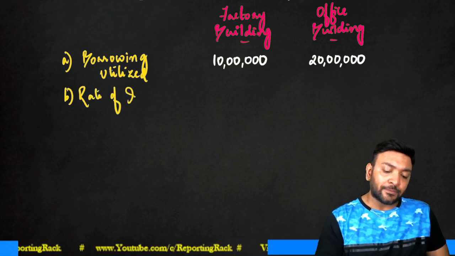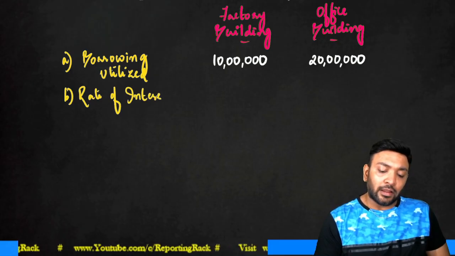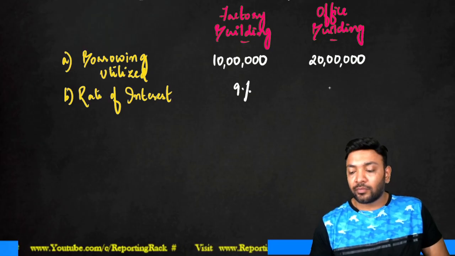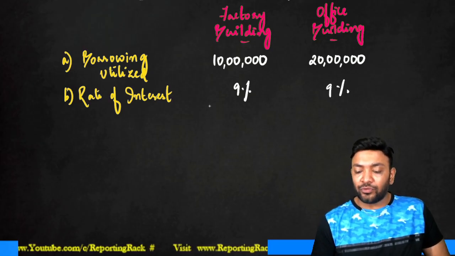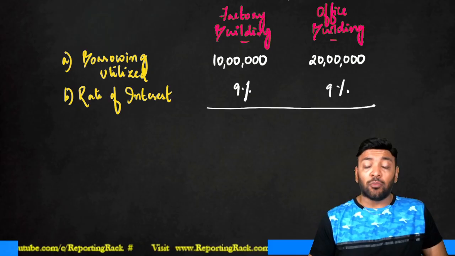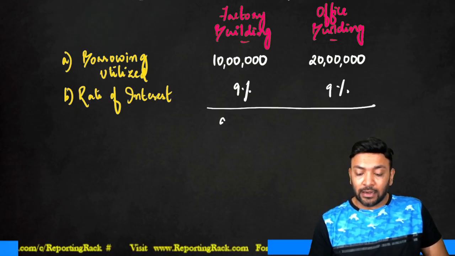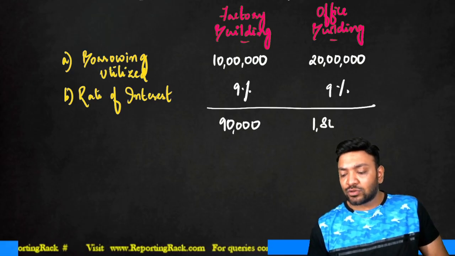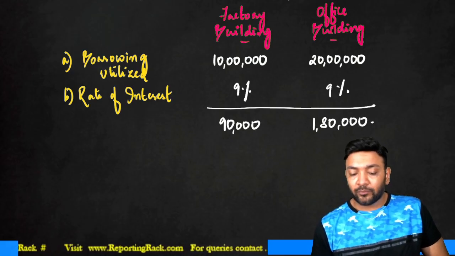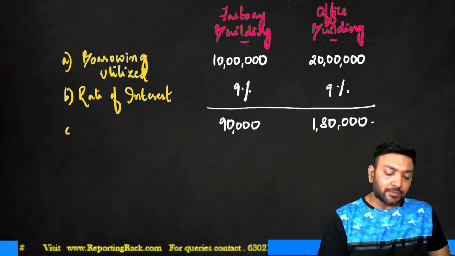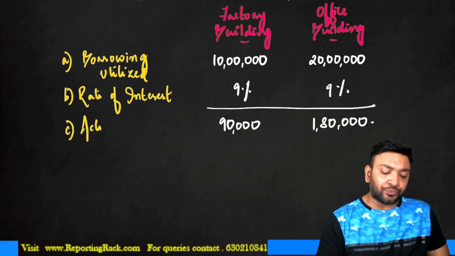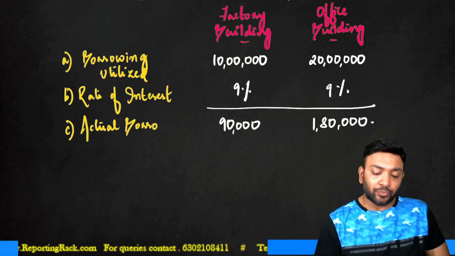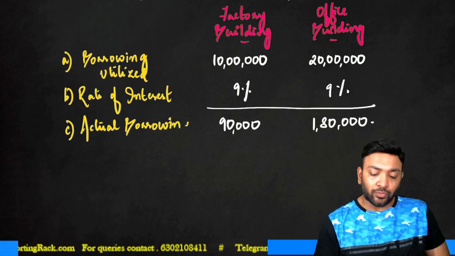Rate of interest is at 9%. Therefore, calculate what is the actual borrowing cost incurred. 90,000 for factory building, 1,80,000 for office building. This is my actual borrowing cost.